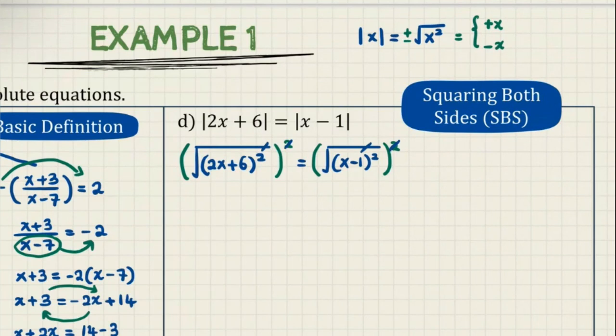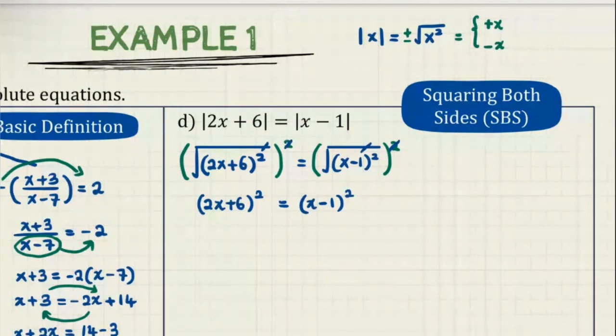So we are going to be left with 2x plus 6 squared equals to x minus 1 squared. Okay, so is the first part okay? Can you understand? Okay, good.